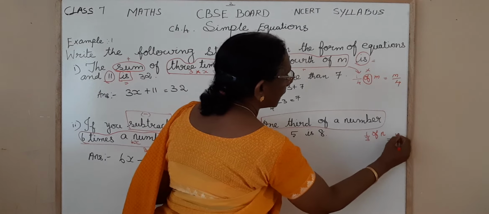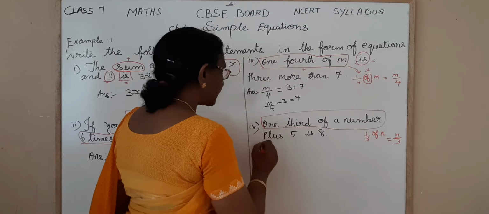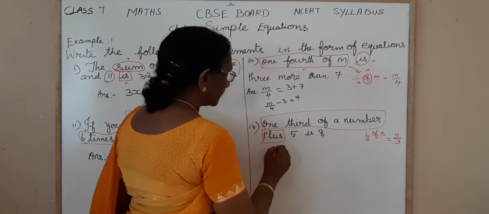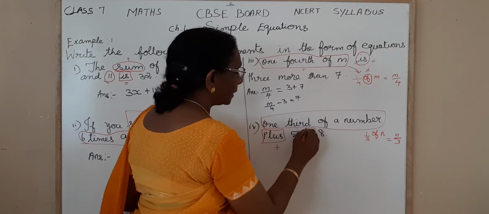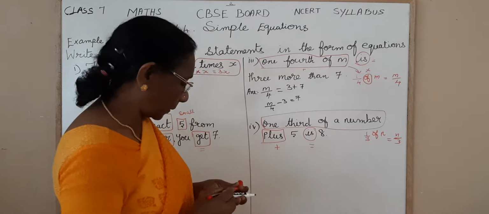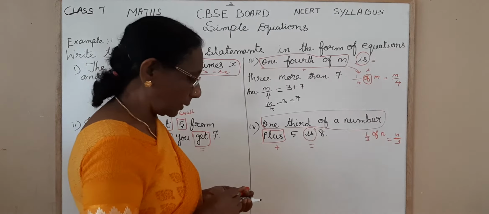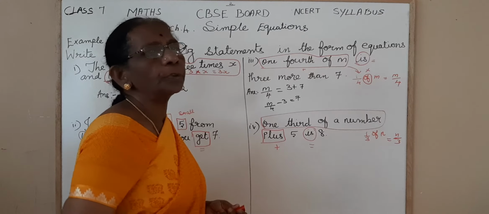That is equal to n by 3. Plus, addition. You are adding what? 5, is equal. Okay. So here it is already given in the question itself, plus. So it is obvious.